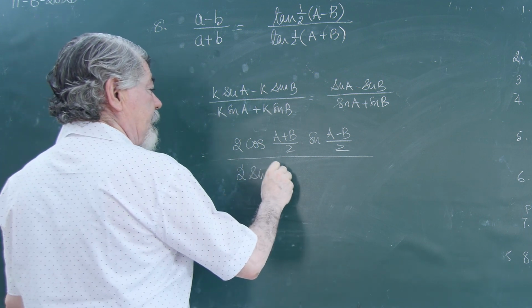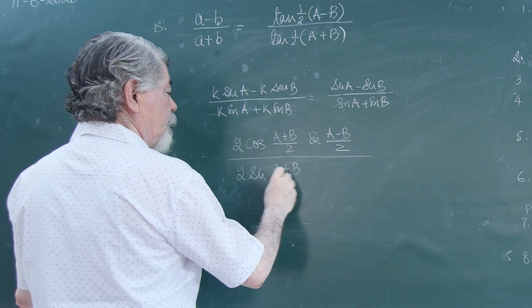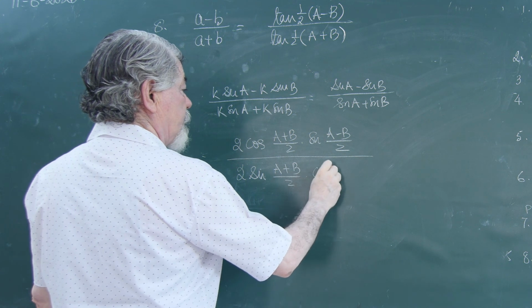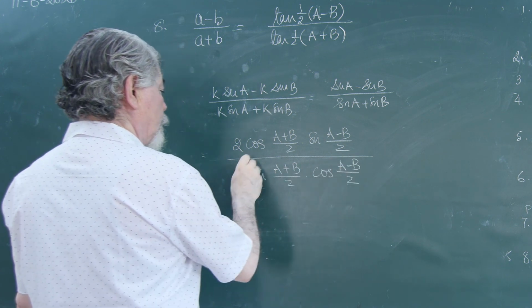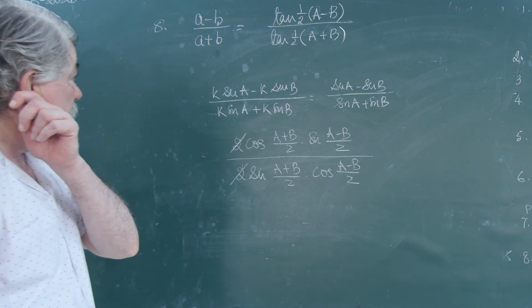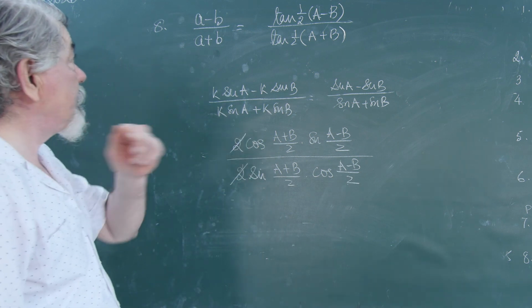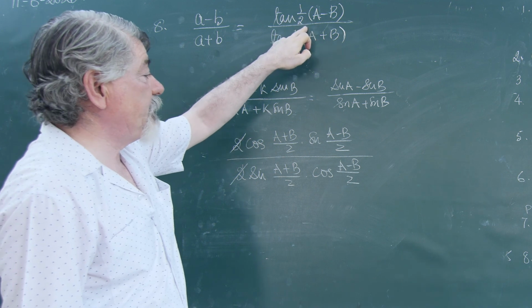So sin A plus B upon 2 and cos A minus B upon 2. 2 will cancel. We are supposed to get tan A minus B upon 2.